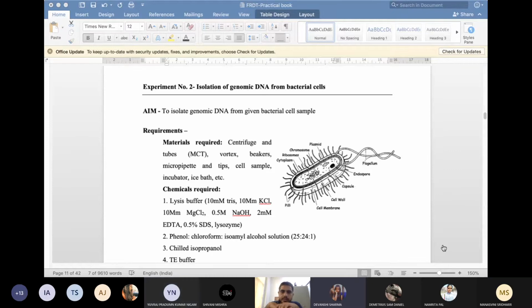Okay, first, who is Divanshi? So first you speak. Sir, a genome is a complete set of genetic information which is present in an organism, which also requires function. Okay, right. And who was the second one?